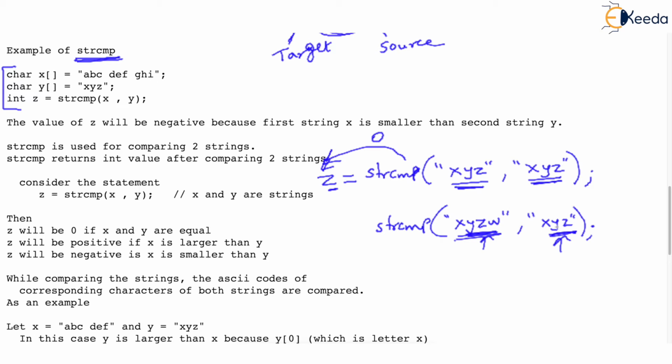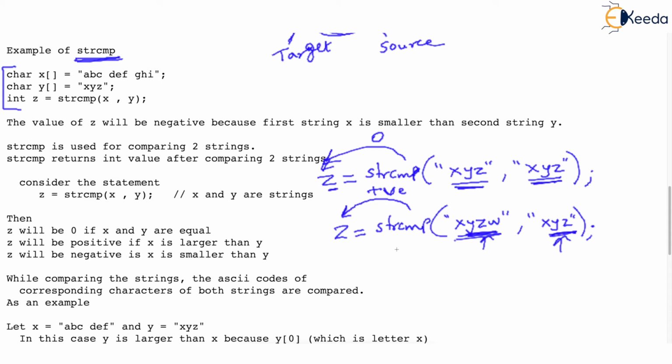So the first string is larger than the second. In such a case, strcmp will return a positive value. Now please don't ask me right now which positive value, but it is sufficient for us to know that it returns some positive value. Maybe 35, maybe 28, maybe 1, maybe 2, some positive value it returns when the first string is larger than the second. So if you say z should be equal to this, then z will be some positive number.